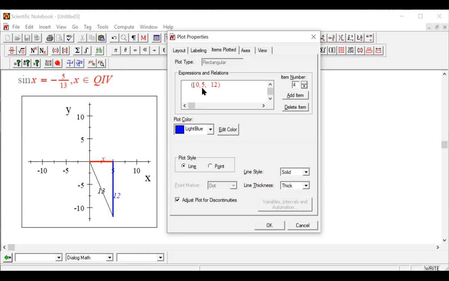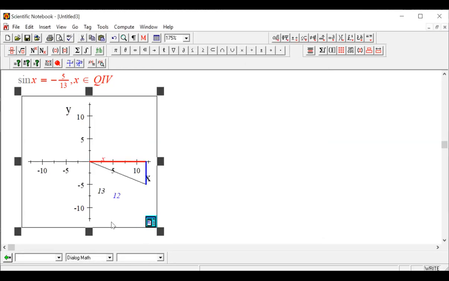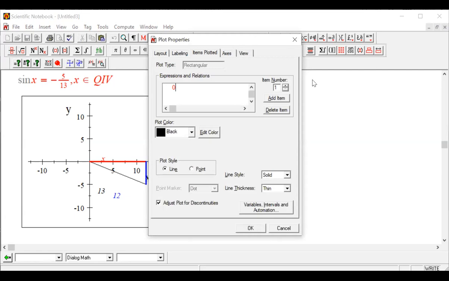This is about right. Yeah. So this p is no longer -12, it's -5.